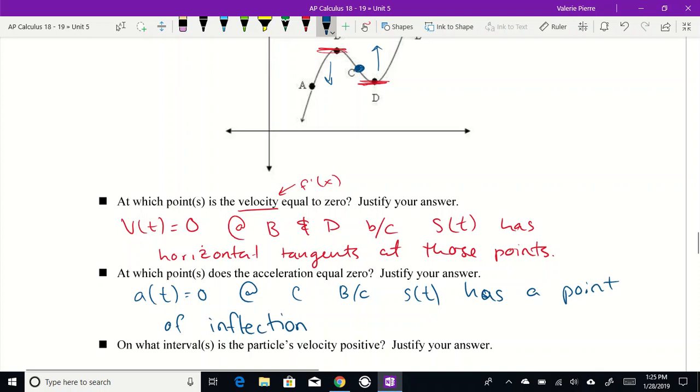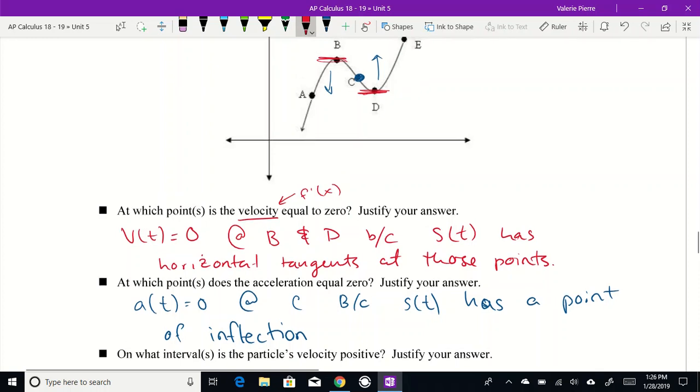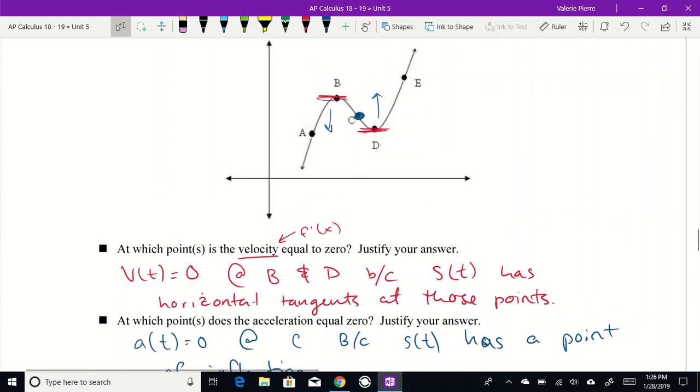On what intervals is the particle's velocity positive? So velocity, once again, is our derivative, and our derivative is positive when our function is increasing. So our function is increasing in this section here and this section here.